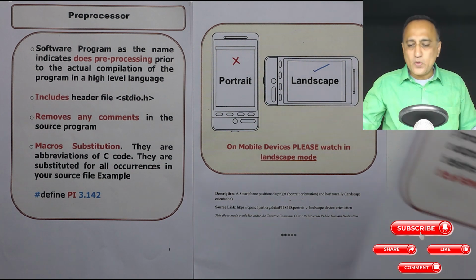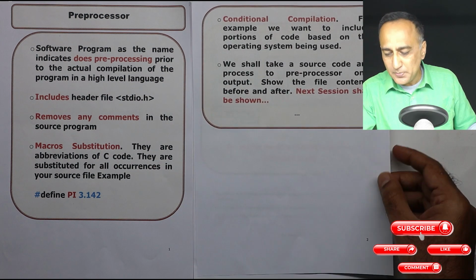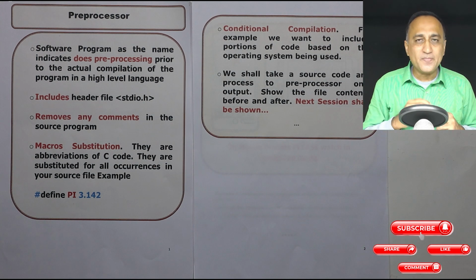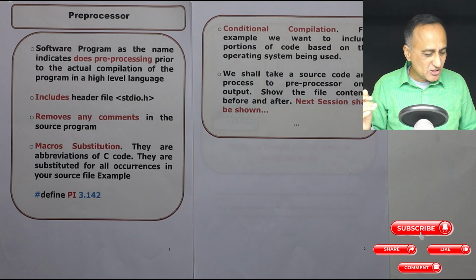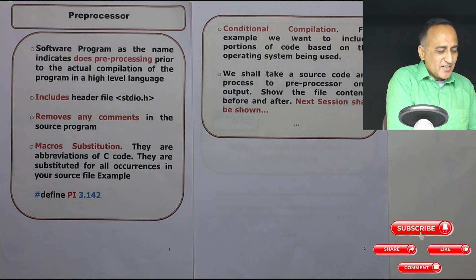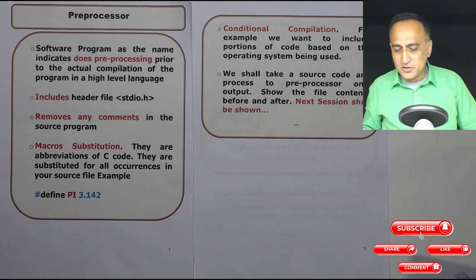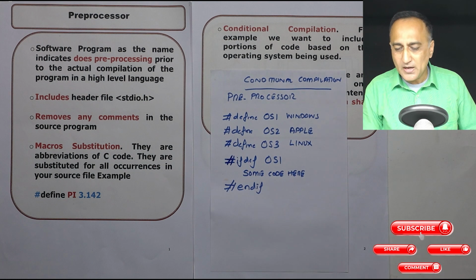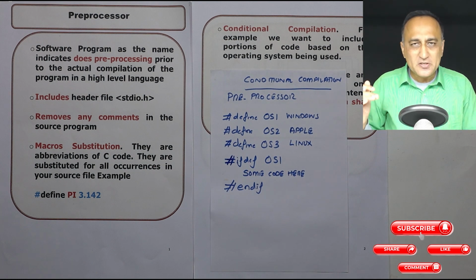Then there is one more important task the preprocessor does, which you will learn as and when we do a detailed session about the use of the preprocessor. So let us understand what we mean by conditional compilation. Suppose I have written a piece of code, and that piece of code needs to be compiled differently on Windows, differently on Linux, differently on Apple Macintosh, differently on Unix.